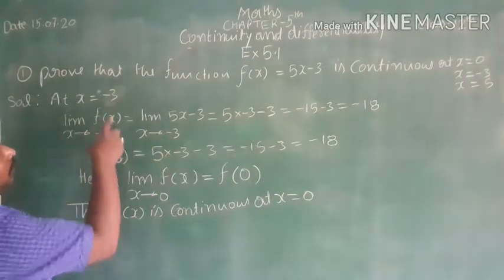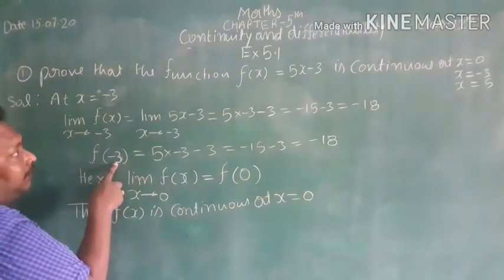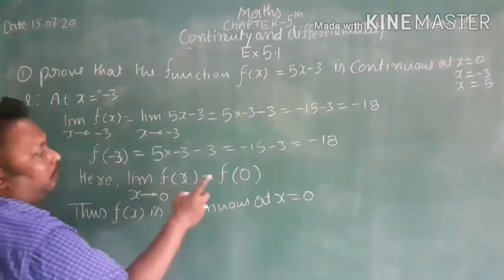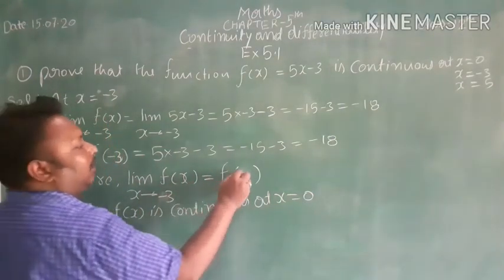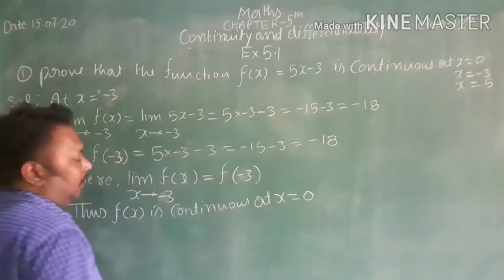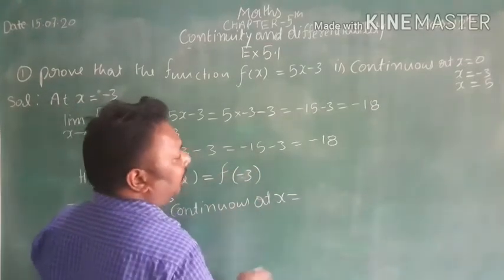In place of 0, now we write minus 3 because we find out f(a). So the value of f(minus 3) equals the limit, thus f(x) is continuous at x equal to minus 3.